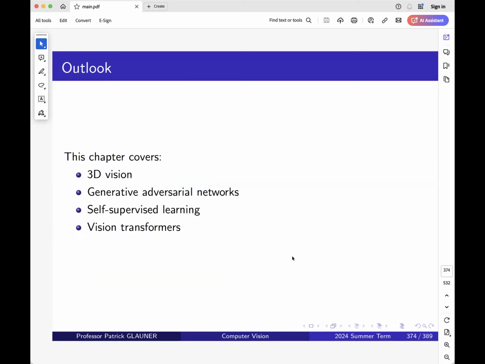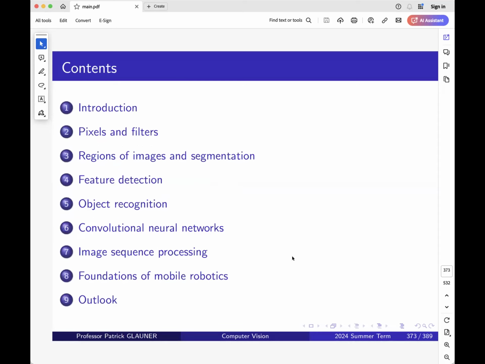And then next week, we will look into the foundations of mobile robotics, which some of you may need for your mobile robots. I'm curious, who of you has got a mobile robot last week from our lab assistant? If you have, maybe green sticker, thumbs up, something like this, so that I see who actually got a robot.